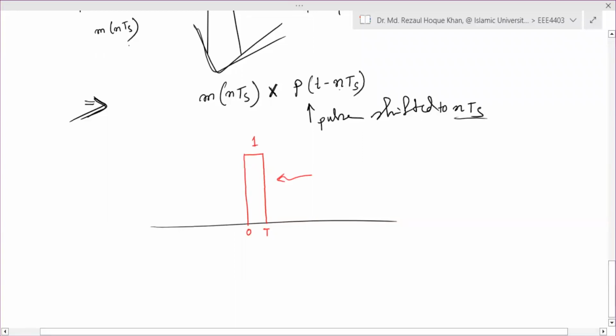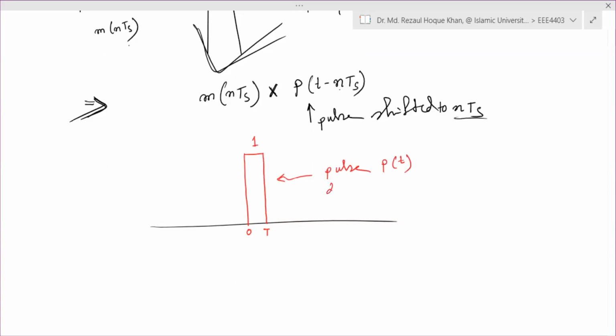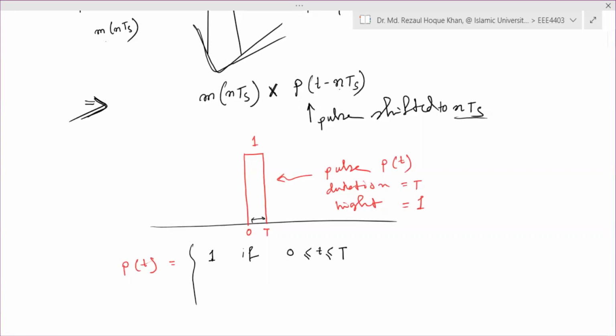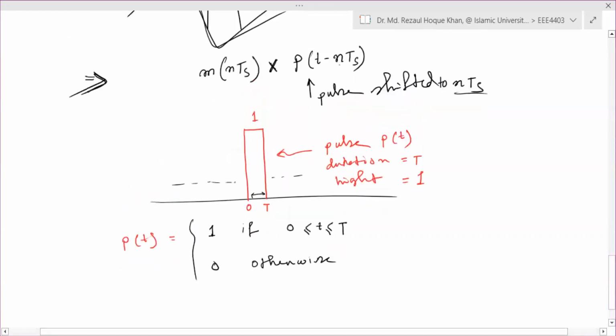So this is the pulse p of t, which has a duration of T and a height of 1, unit amplitude. p of t can be expressed as: its value is 1 for t from 0 to T, otherwise its value is 0, here it is 0 and here it is also 0. That's how we characterize this pulse.